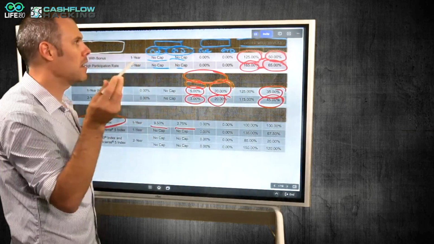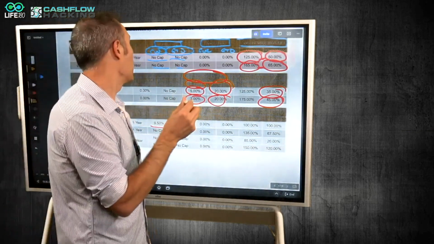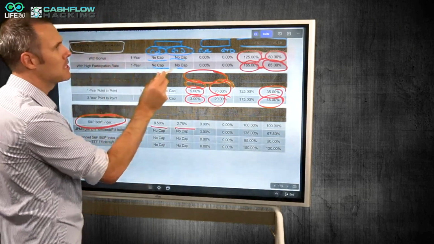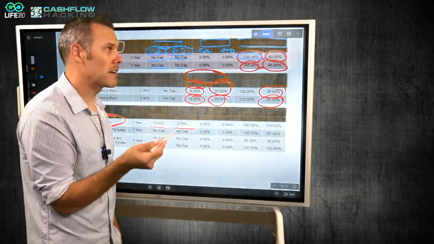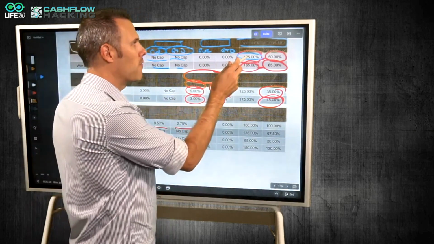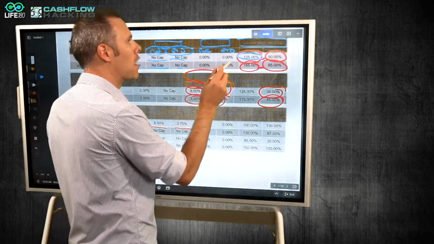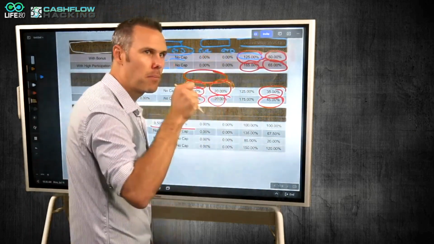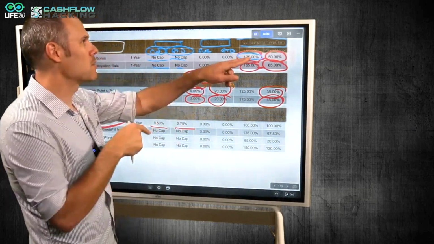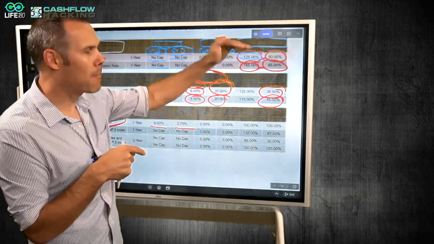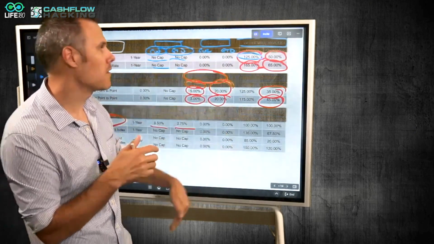So people sell you on the fact that there's this no cap product with this index option. You've got a participation rate of 125%, meaning if the market does 10%, you're going to get a 12.5% credit in your index. But they have the ability, and these are the moving parts I was talking about in the last disclaimers, the moving parts that control the cap rates, or that control the performance of the policy.